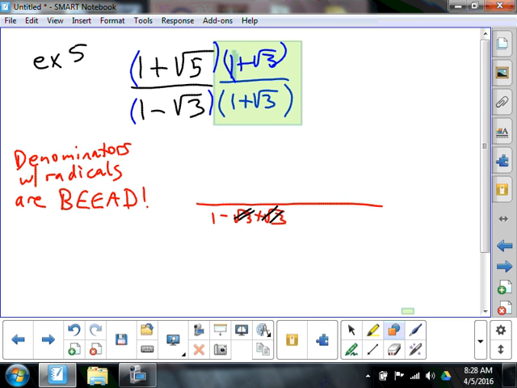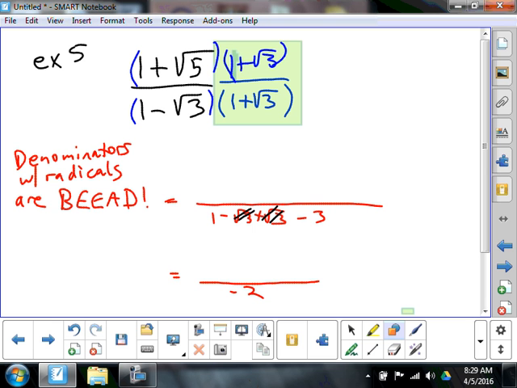It's going to be minus rad 9, because it's a negative times a positive. And what is rad 9? 3, so it's going to be minus 3 in the bottom. So it's going to be 1 minus 3 in the bottom. Well, what is 1 minus 3? Negative 2, right?